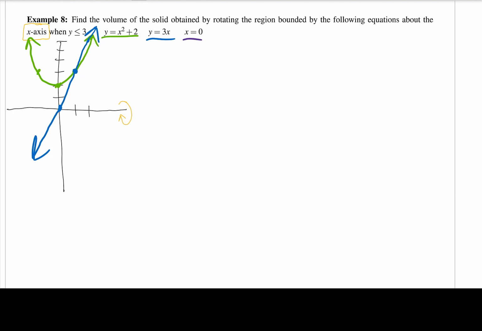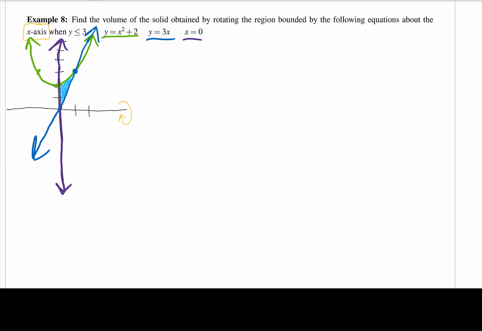And then, let's see, we also have x equals 0. Right, and we need to be looking at when y is less than or equal to 3. So I might as well just go ahead and draw in something like this. So now we're looking below this dashed line. So looking at when our y values are less than or equal to 3, the area bounded by these 3 regions is going to be this light blue region in here.